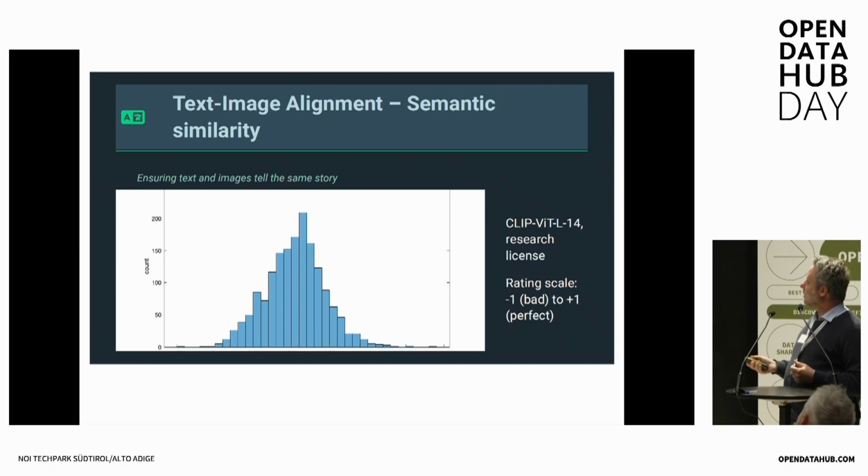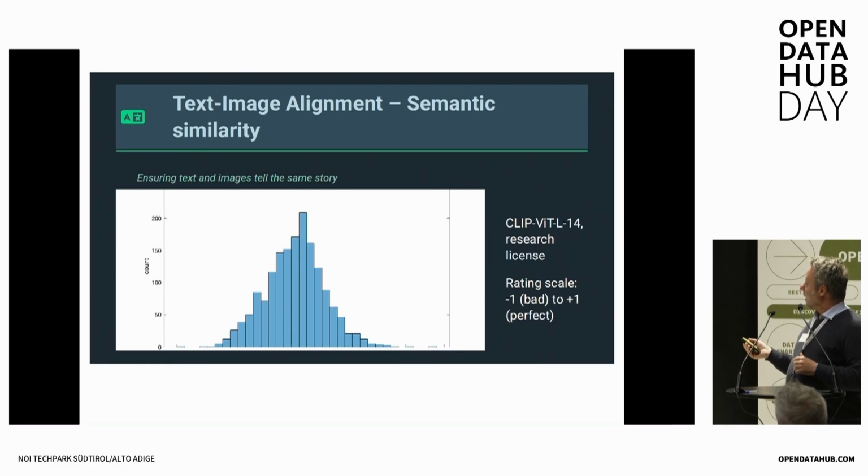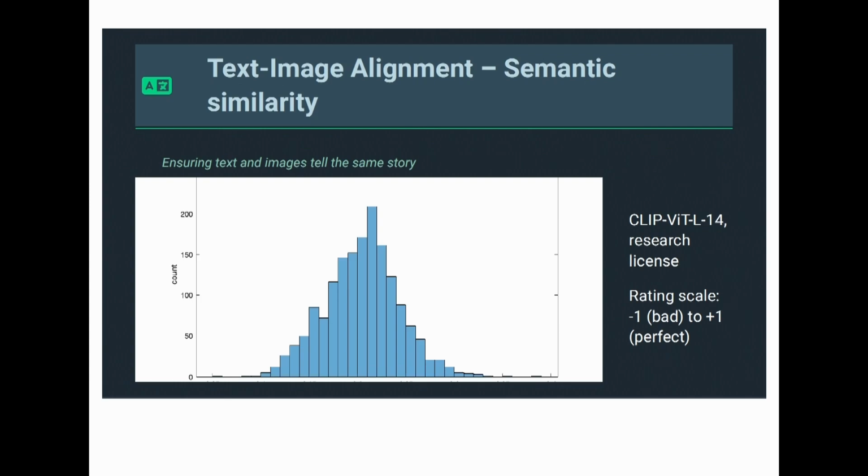Now what we have used in this case is CLIP, a library that can help you match similarity. So it can understand picture and text and give you the same score, let's say, so you can see the match. And the rating is between -1 and +1. And here is the distribution.